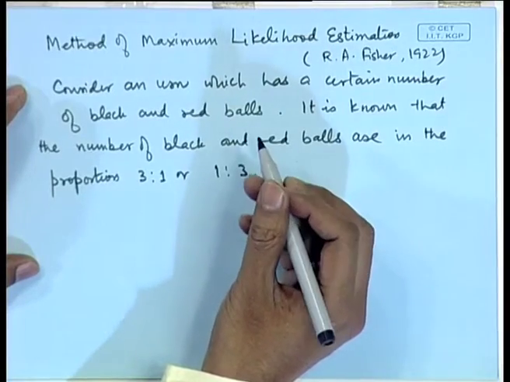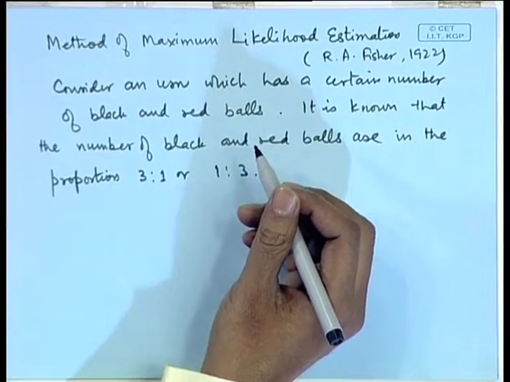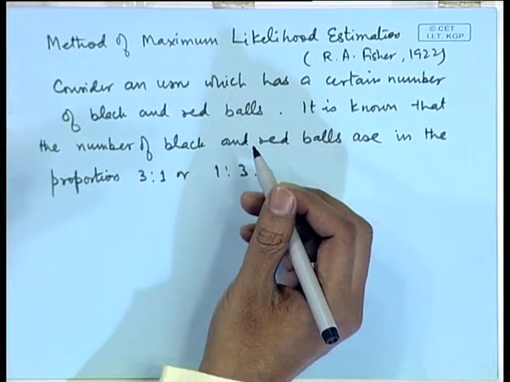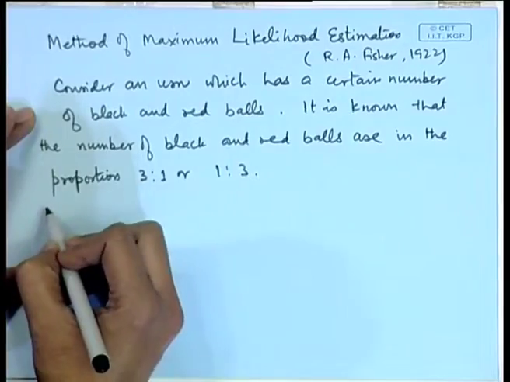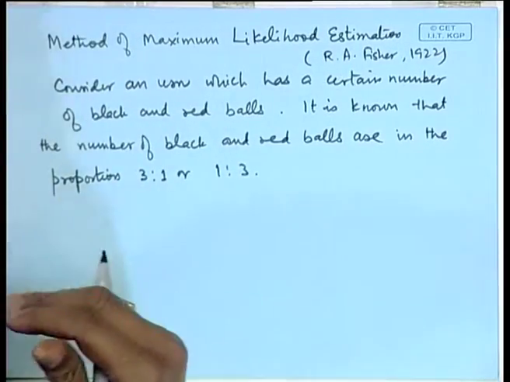So, if we say that there are n balls and x is the number of black balls, then the proportion x by n may be either 1 by 4 or 3 by 4. So what is the problem now?